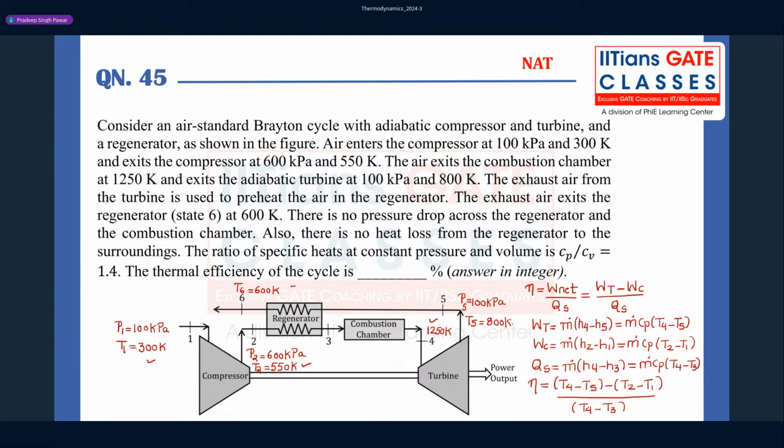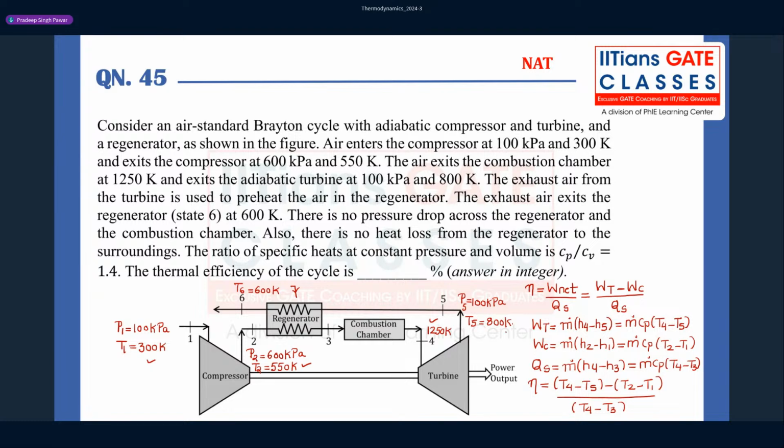We will apply the steady flow energy equation for the regenerator. In the regenerator, the compressed air which is coming in is getting heated by the turbine exhaust. The turbine exhaust is at a higher temperature, coming in at 800 Kelvin, and the air coming from the compressor to the regenerator is at 550 Kelvin.